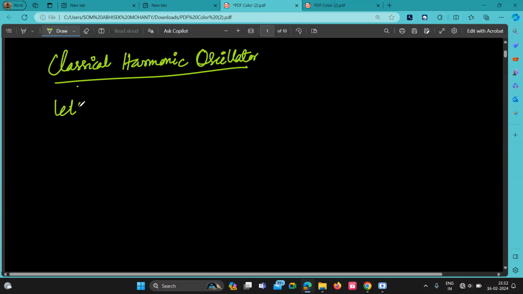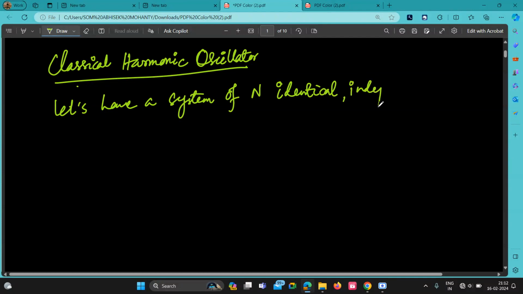Suppose we have a system of n identical, independent, non-interacting, distinguishably placed classical harmonic oscillators. I have told you the meanings of identical, independent, and non-interacting. Their meanings we have already done.